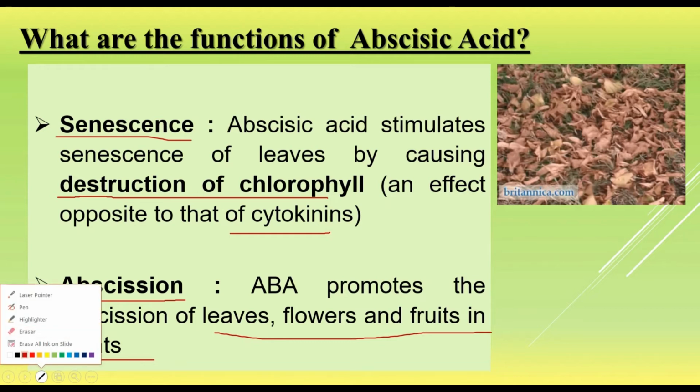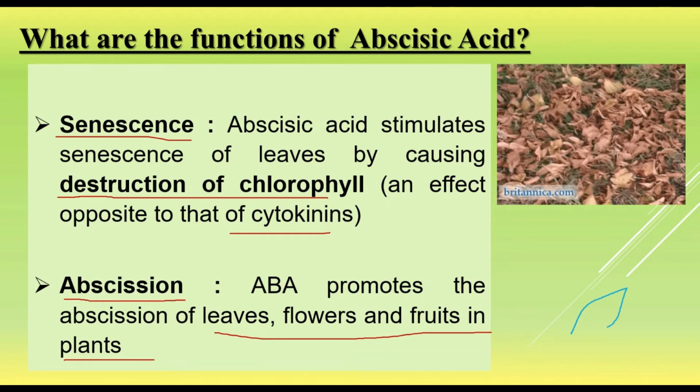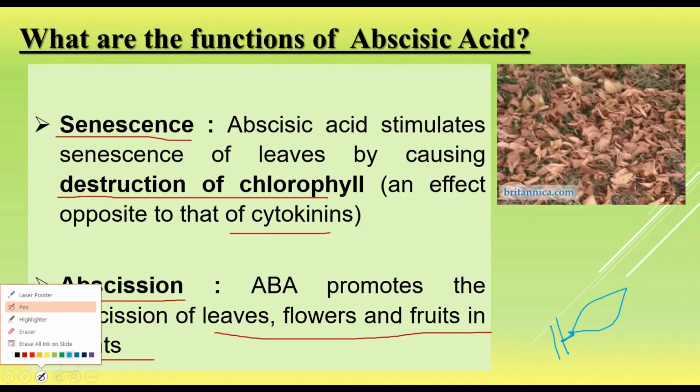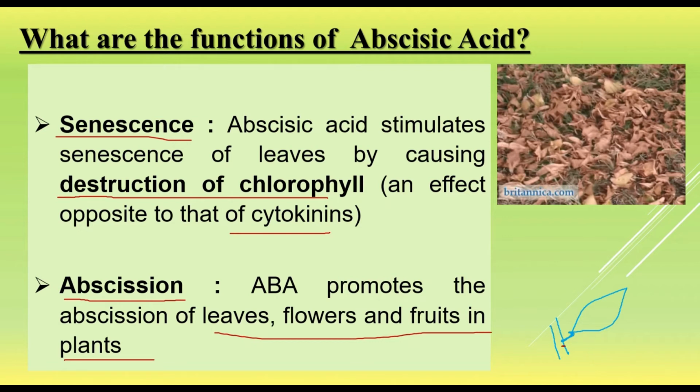Actually, what happens when the leaf matures? It is the petiole. At the junction of the petiole to the stem, a layer is formed at the time of abscission, which is called the abscission zone or the abscission layer.